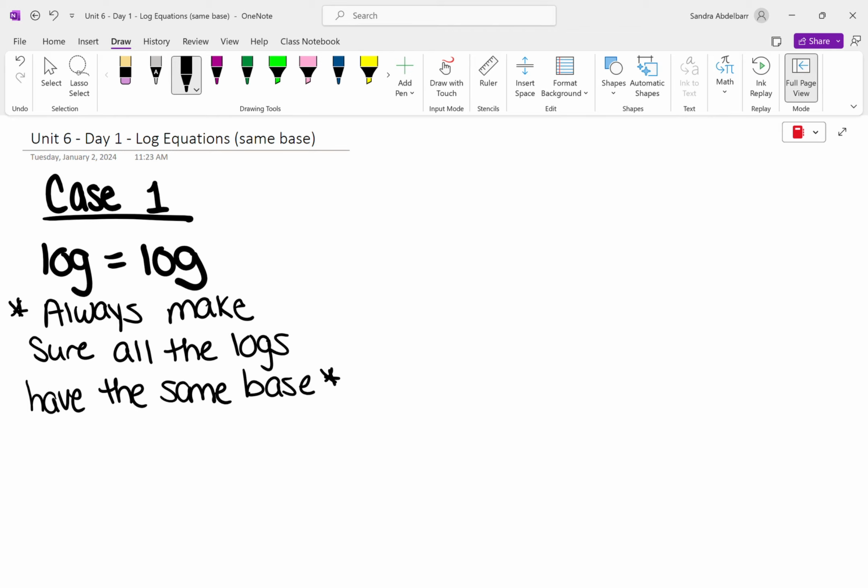So once you look at the equation, once you make sure that all the logs have the same base, then what you want to do is condense the left and right side down to one log.